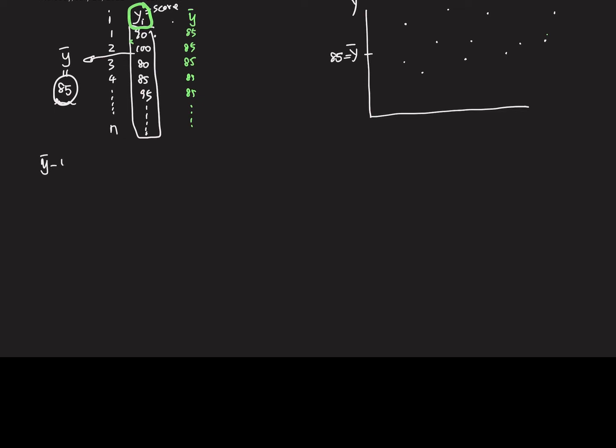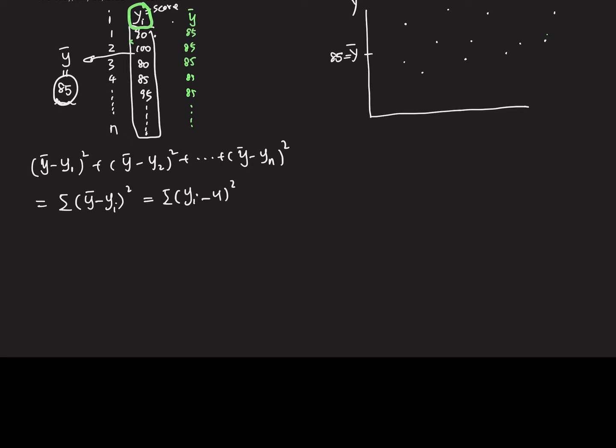y bar minus y1 squared, y bar minus y2 squared, plus y bar minus y sub n squared. So this actually is the sum of squared deviations from the average, right? y bar minus y sub i squared, each value deviating from its mean.